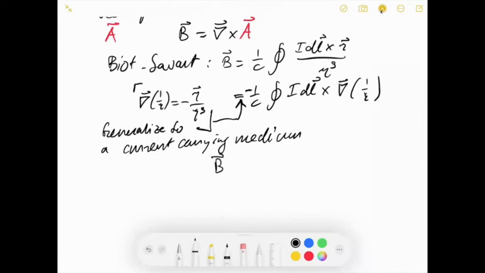So then B becomes minus 1 over c, and now this is no longer a contour integral, we just get a J and a d3x', crossed with the gradient of 1 over R still.